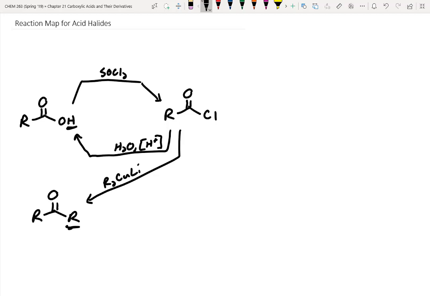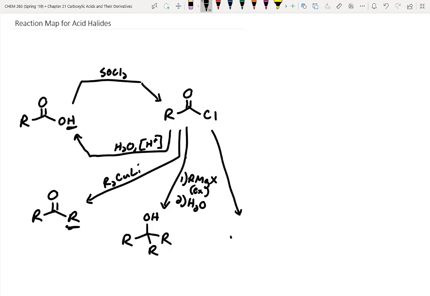All right, and then we saw also that we could make tertiary alcohols. How do we do that? Grignard reagent, right? So RMgX in excess, followed by water, would allow us to form that tertiary alcohol.